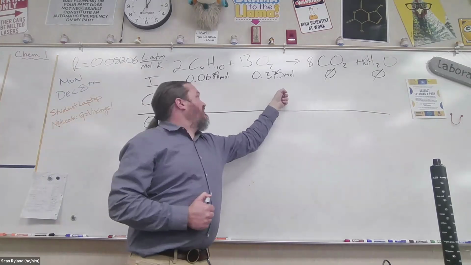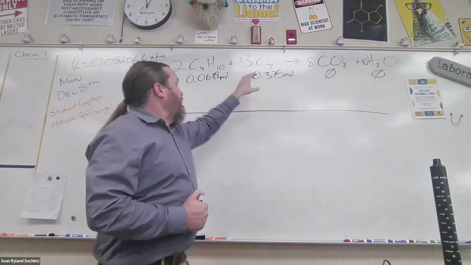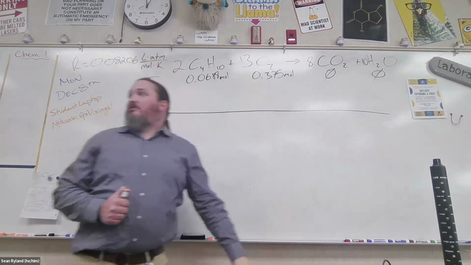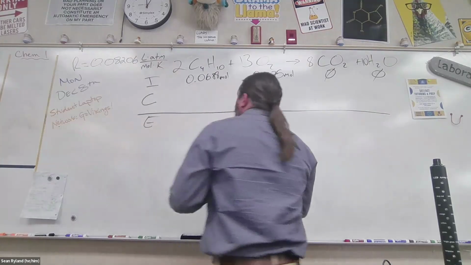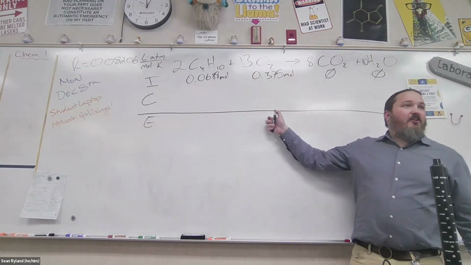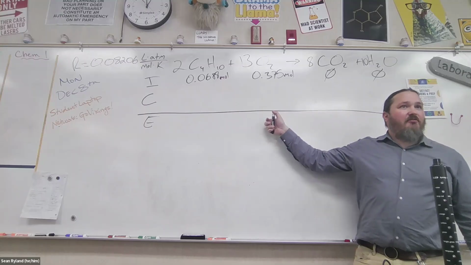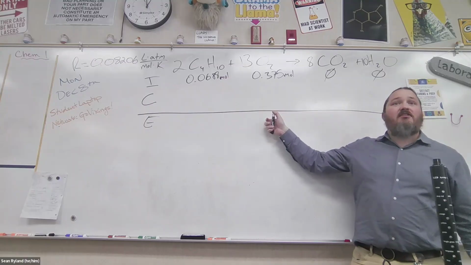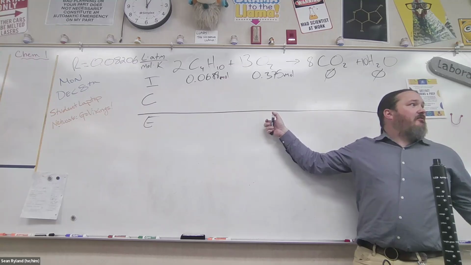Even though we have more moles of it, we're using it up 7.5 times as fast, right? So we're going to run out of the oxygen first. If we know we're going to run out of the oxygen first, we can fill in something for the E row, right? At the end of the reaction, we know we have no oxygen left because we used it all up. It's our limiting reactant, right?